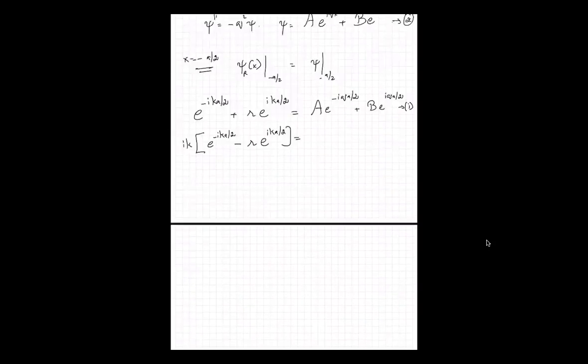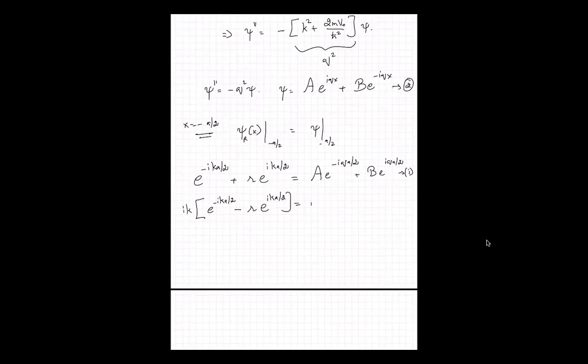Okay. So this is going to pull out a factor of iq, A e^(-iqa/2) minus B e^(iqa/2).